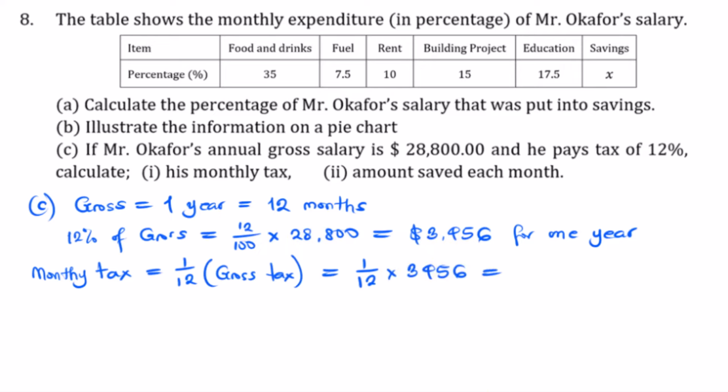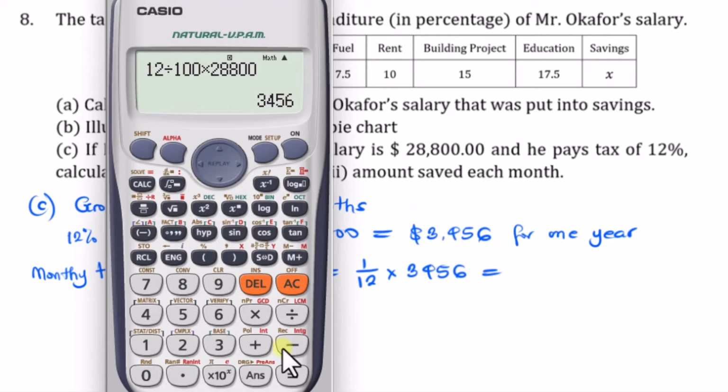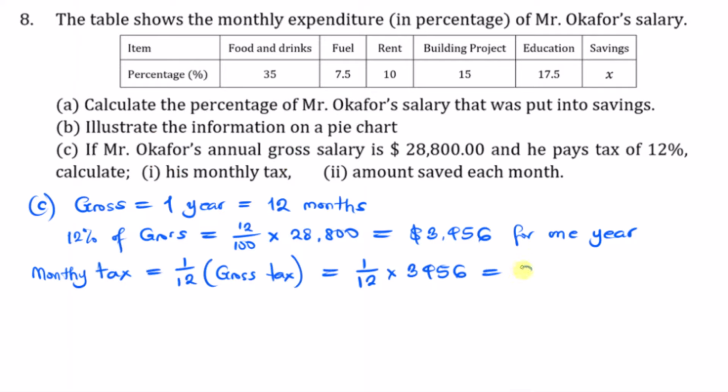This is the amount he's going to be paying per month. So our answer divided by 12, that's going to give us $288. So the amount being deducted from Mr. Okafor's money on a monthly basis for tax is nothing but $288.